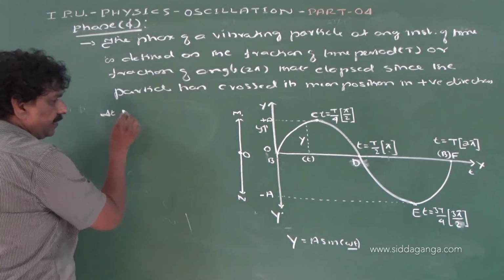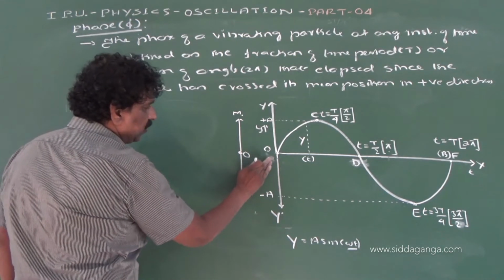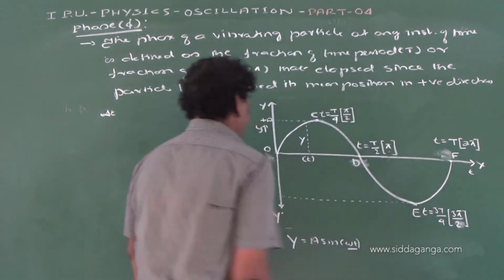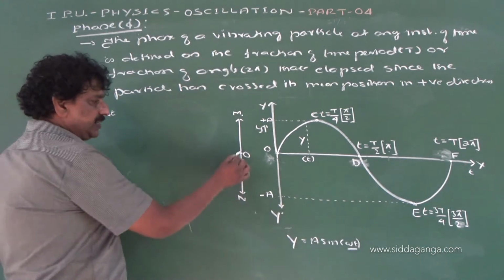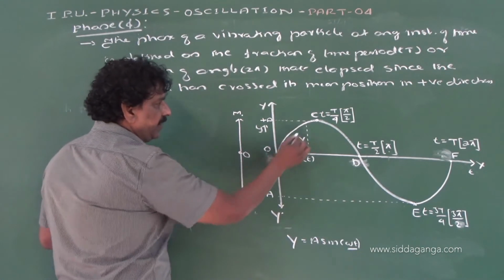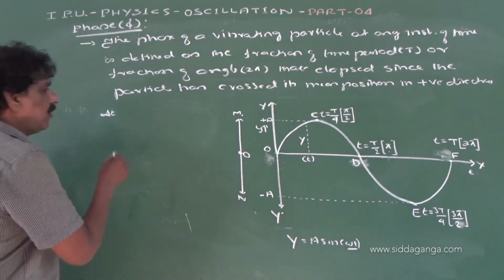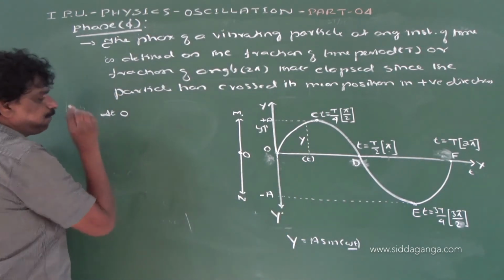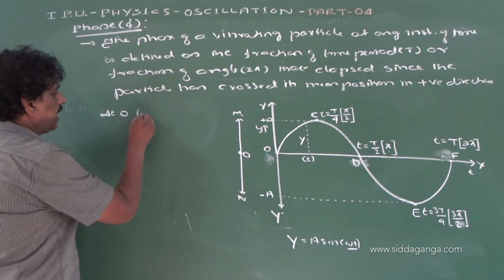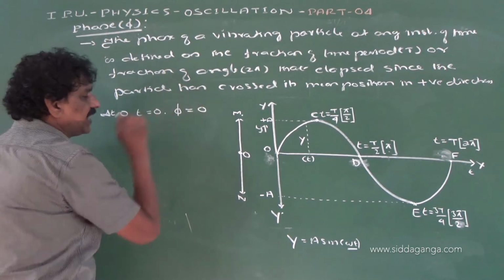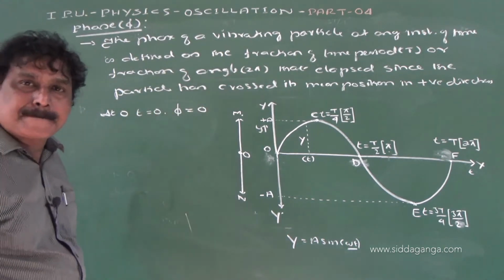So I will take it as O here. The position is represented by O, and the C, D, E, F points. Now at O, time t is equal to 0 and we say phase phi is equal to 0.